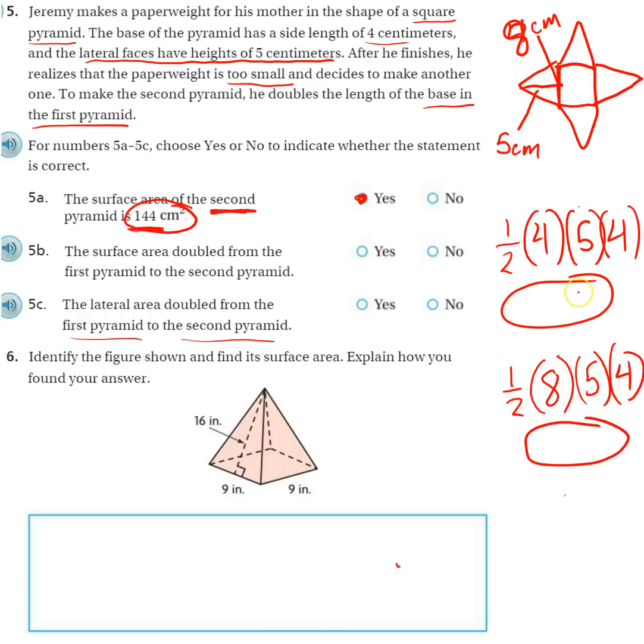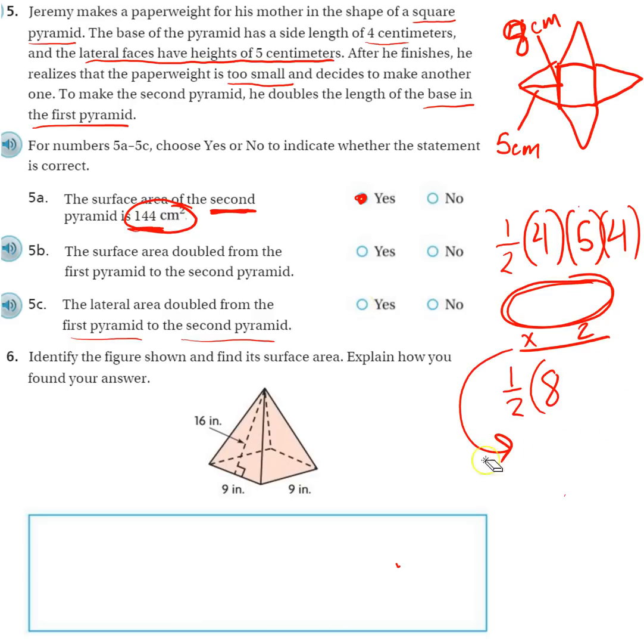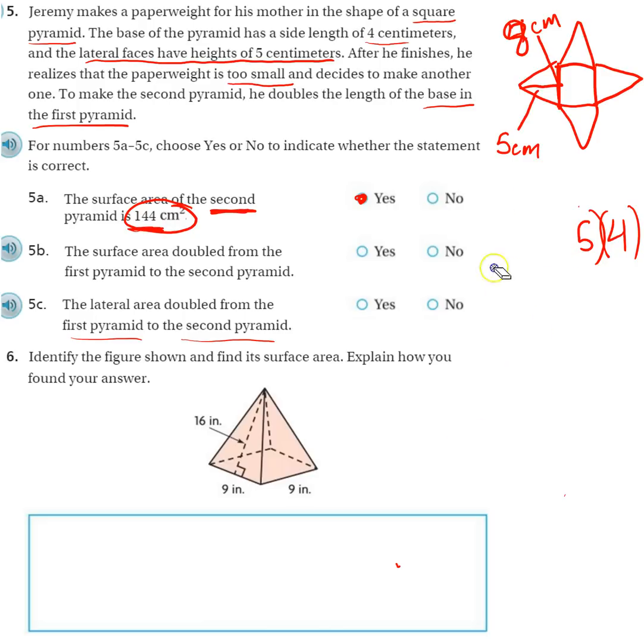And then you're going to check, is this answer twice as big as this answer? Or in other words, if you multiply this answer by 2, do you get the same answer? If you do, then it's yes. If you don't, it's no. So the numbers are all set up for you. You just need to work it out.